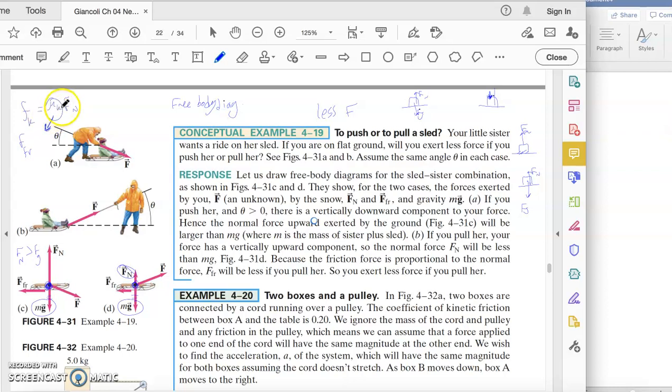So if you multiply anything with a fraction, it will definitely be a smaller number, but not much smaller. It will be comparable with Fn. So in the size of the arrow, it is smaller than Fn, but not by a big difference. Okay?